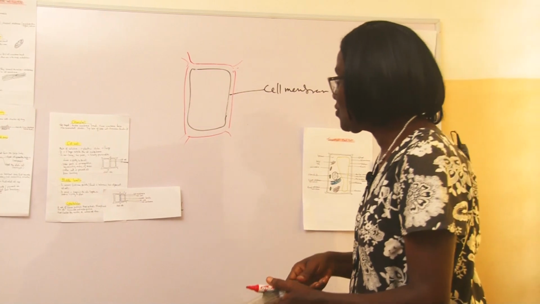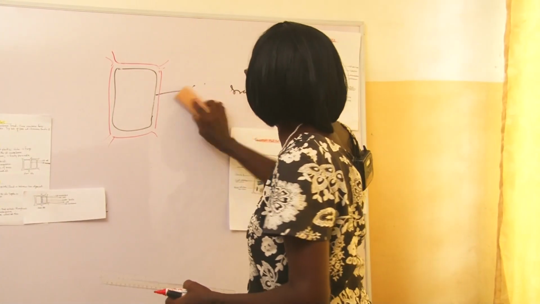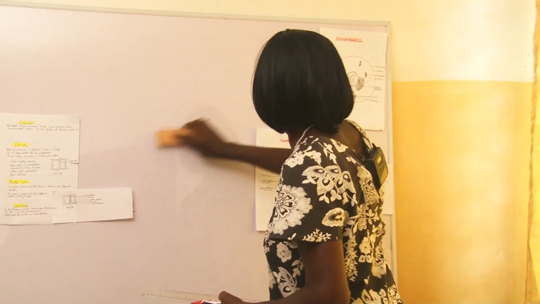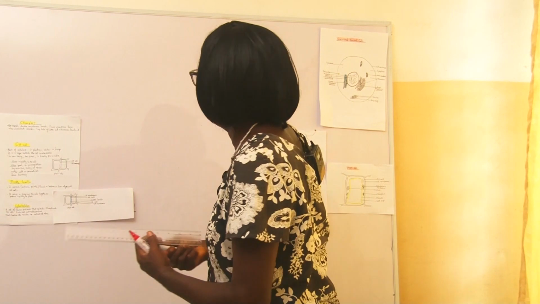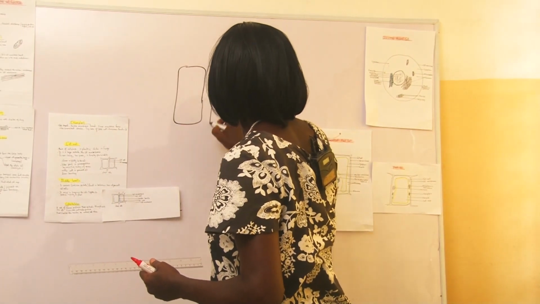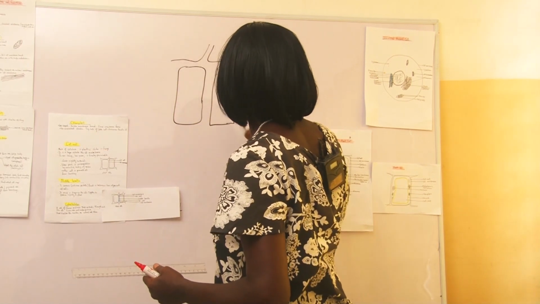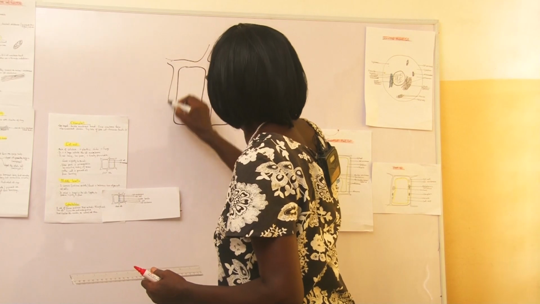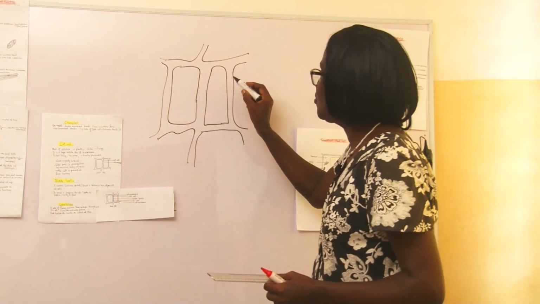Now we want to talk about middle lamella. It's also a structure in plant cells. You have a plant cell. Let's say we have these two plant cells. These are other cells around, because plants, so we have these two cells.